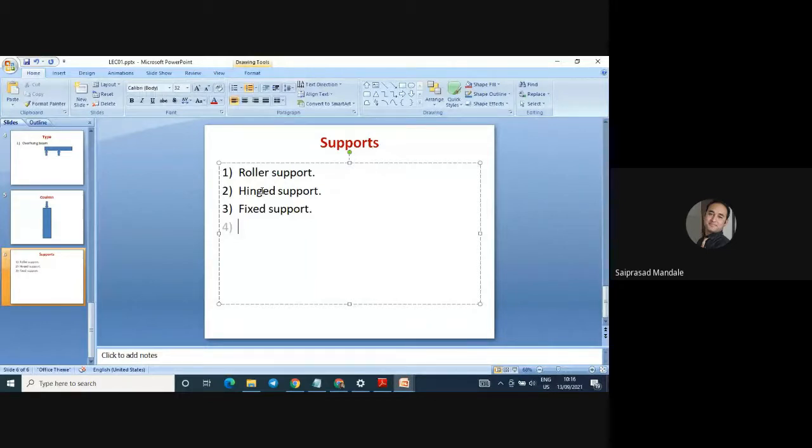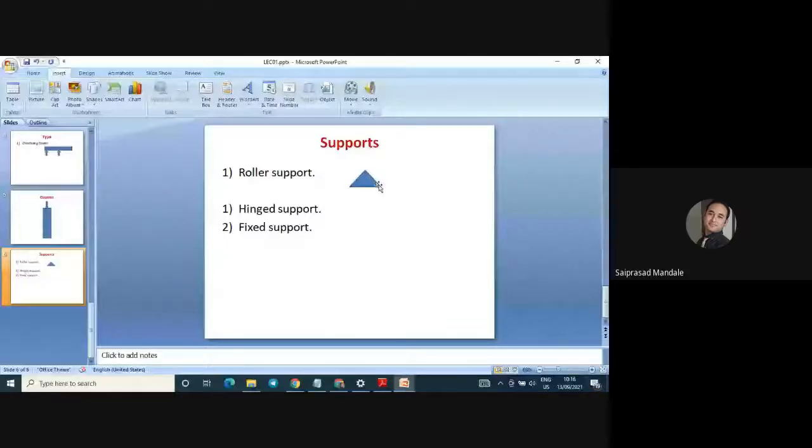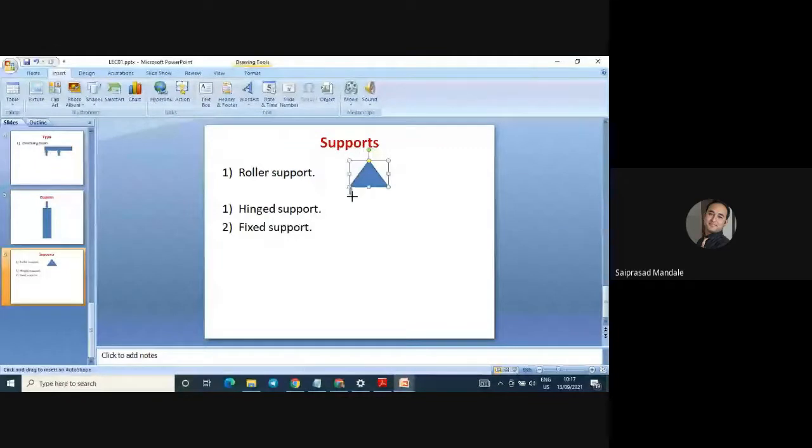Roller support. Let's have a look. Whenever the roller support is there, the indication of roller support is just like this. There's the triangle, followed by a roller, which is the roller support.